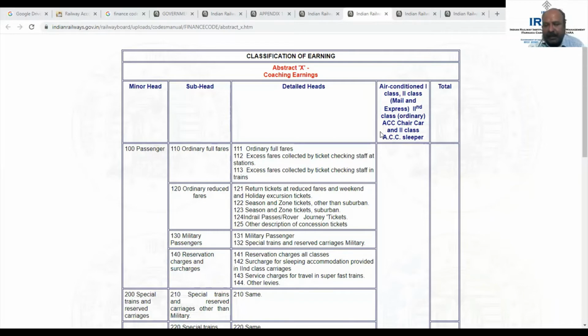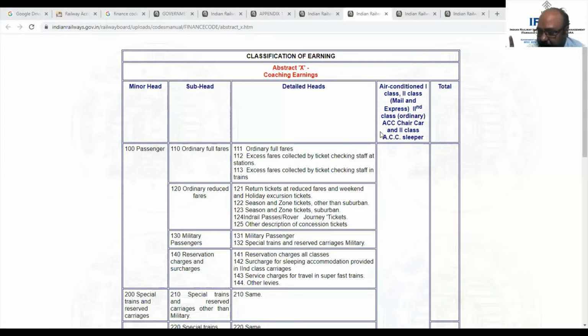Here, abstract X is the coaching earnings. Here, the allocation starts with 90. The next 4 digits are the minor head, subhead, and detailed head. And the last 2 digits on the earnings side are the primary unit.